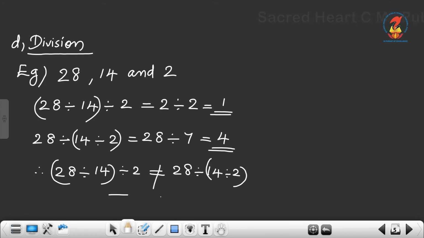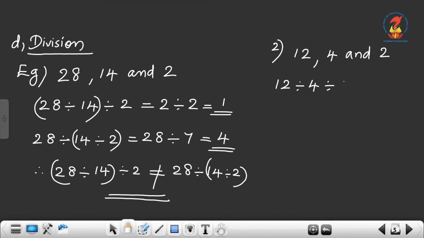The meaning is that the grouping is very important. If you change the order of grouping, we get different answers. We can consider one more example: 12, 4 and 2. 12 divided by 4 divided by 2.